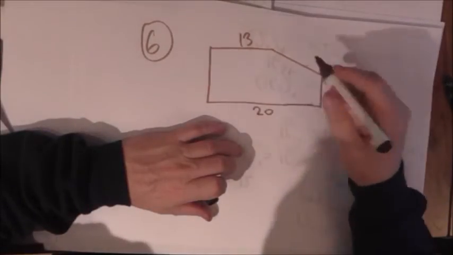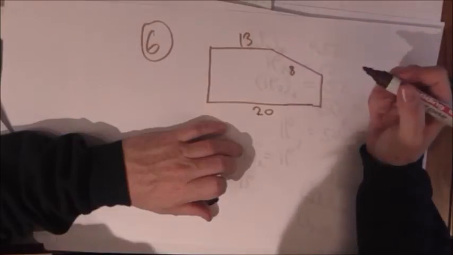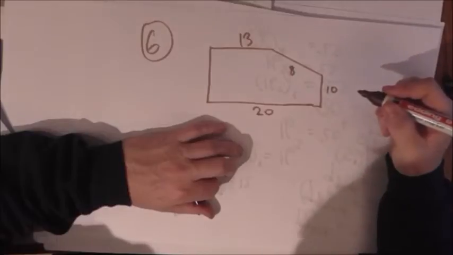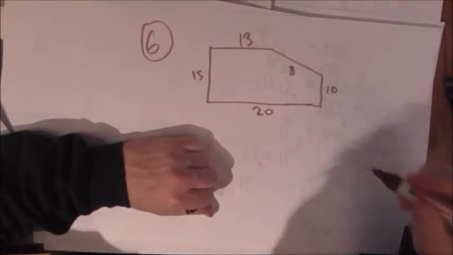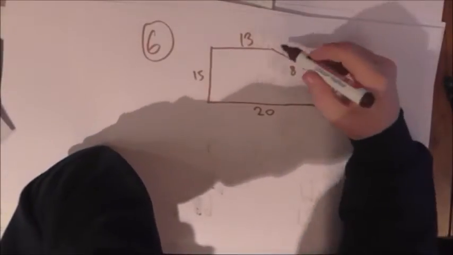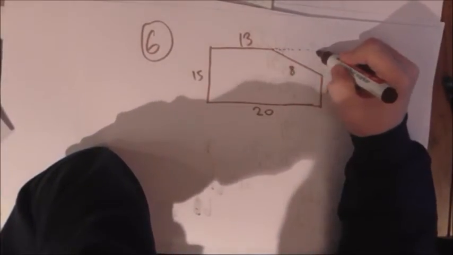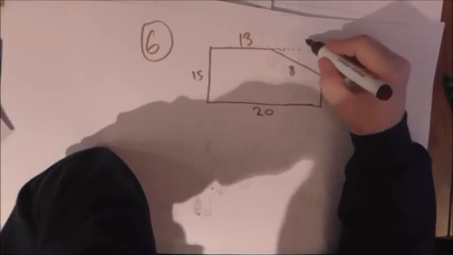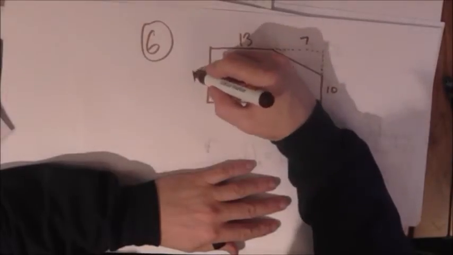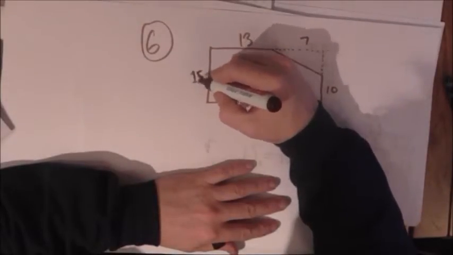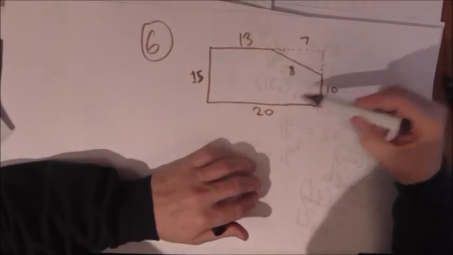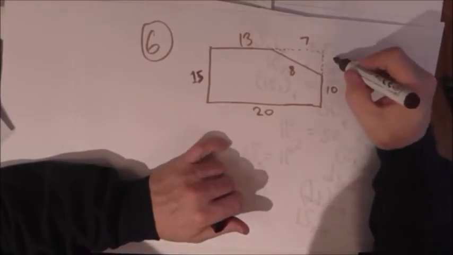Why don't we make the 8 there, the 10 there, and the 15 there. Now, can that make sense? If I complete that, that would be 7. This is an example of mucking around, kind of by elimination. If something goes wrong, then I'll know that this cannot be the correct configuration.